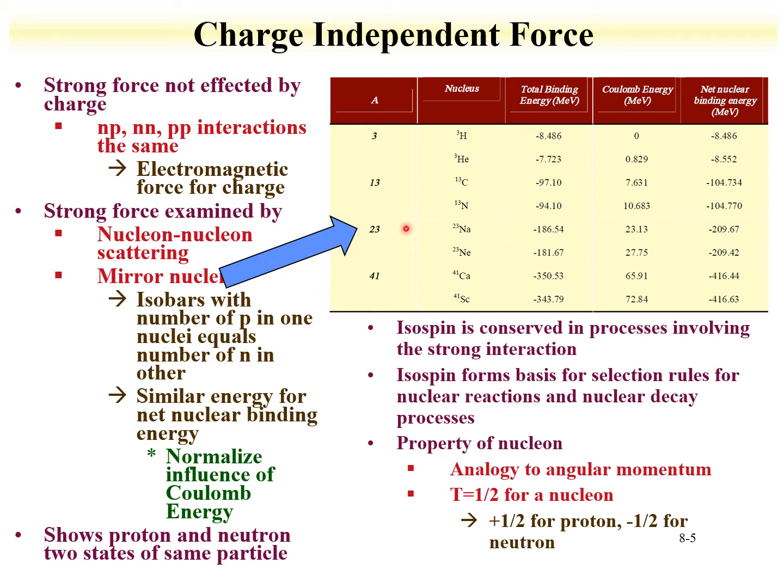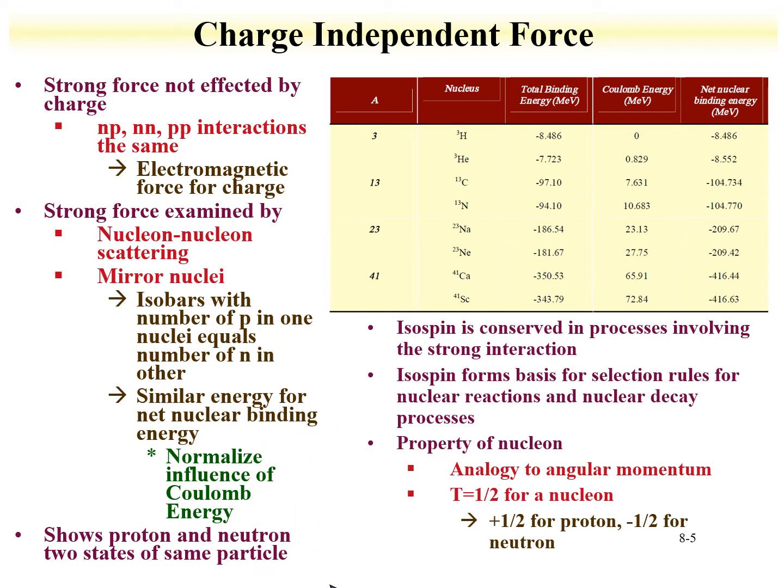So for instance, if we look at A of 23, we can have sodium-23 and neon-23 as mirror nuclei. As you can imagine, you can evaluate mirror nuclei for only fairly low A. As you go higher in A, you couldn't get a nucleus with more protons than neutrons.